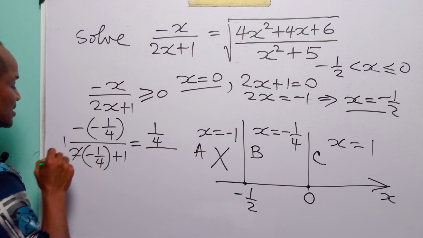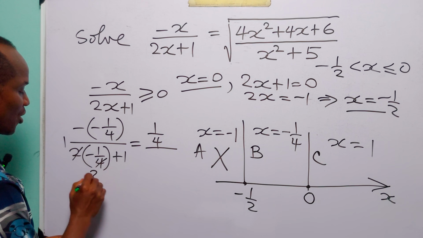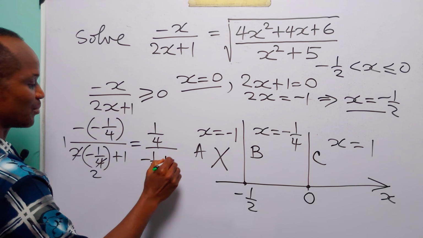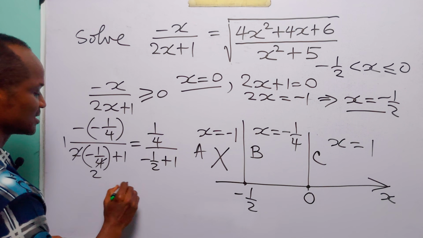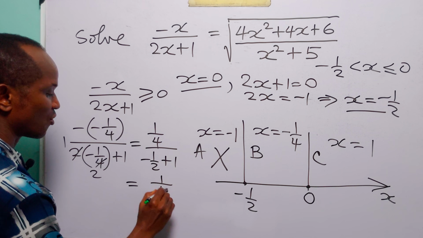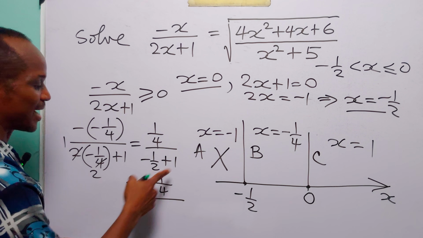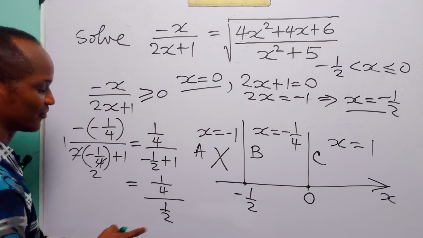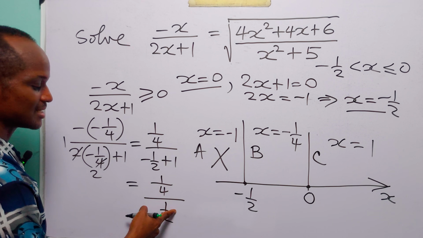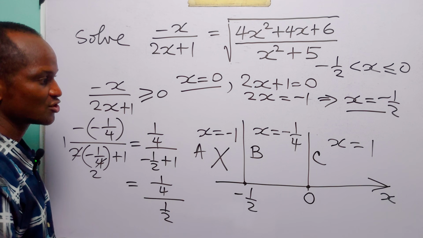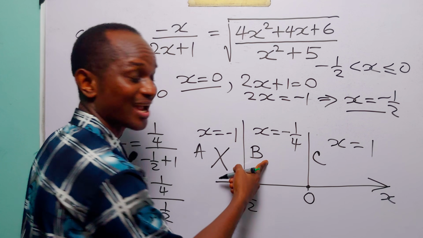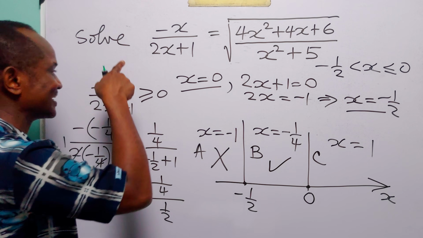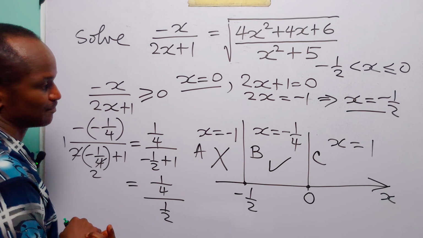Of course, 2 into itself is 1 and into 4, 2. So this is minus half. Then plus 1. So this is equal to 1 over 4 divided by 1 minus half, of course, is half. Now you can see that this is positive. So that means that values of x that lie within region B satisfy this inequality.